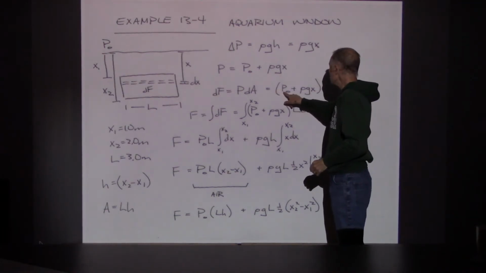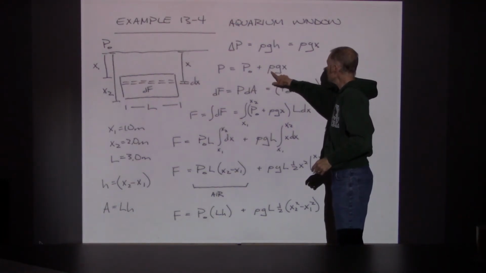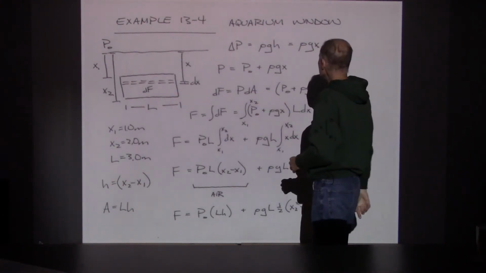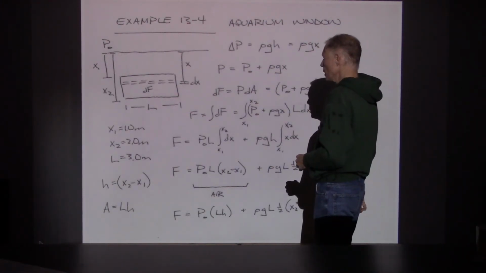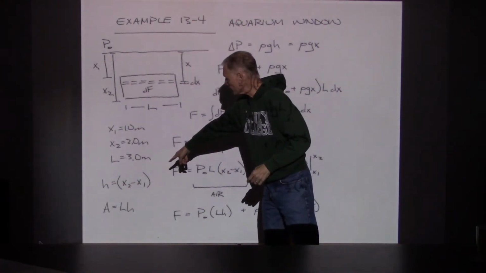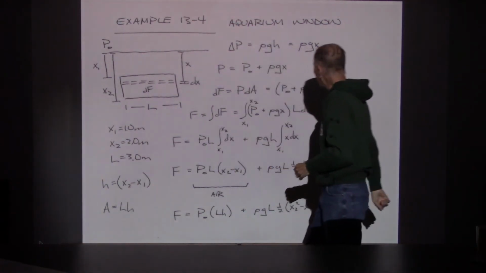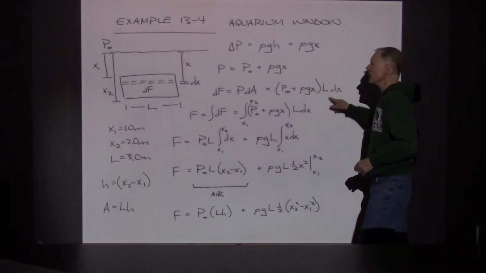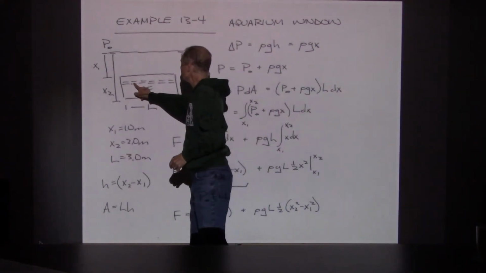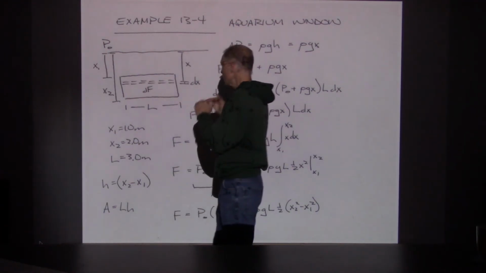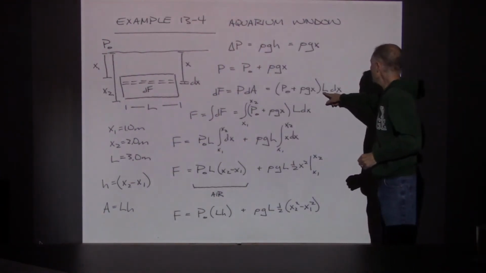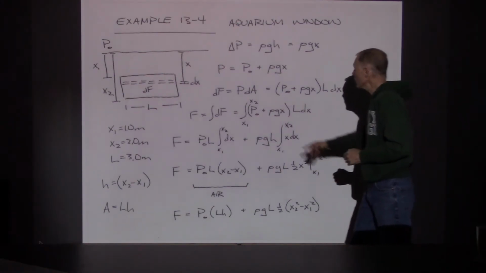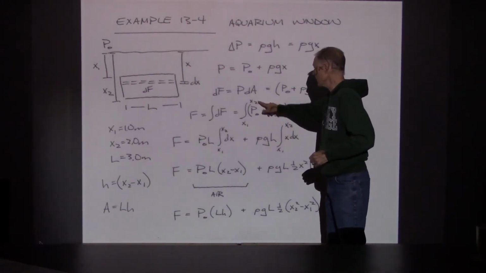So that's going to be equal to, the pressure is P naught plus rho gx, and then the area here, let's take a look at the area. The area is given by L times H, but since it's d area, it's going to be L times dx. So the area of that little strip right there, where we're measuring the force, is L times dx, and plug that in, and then integrate from x1 to x2.